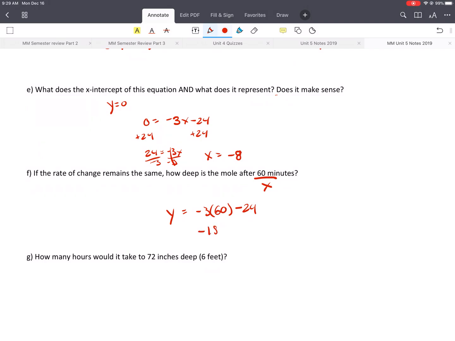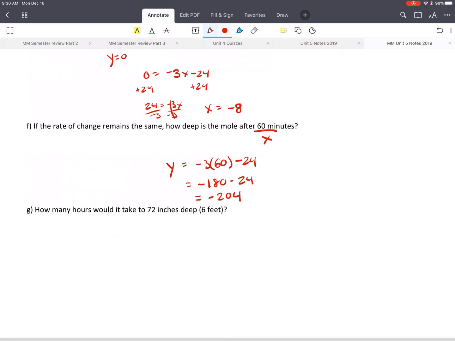So that gives us -180 minus 24, which gives us minus 204. Okay? So in effect, he can, well, what is that? 180 divided by 60. So he can dig 3 feet an hour. Okay, and that's kind of impressive.